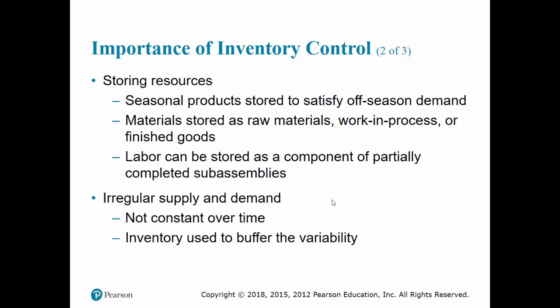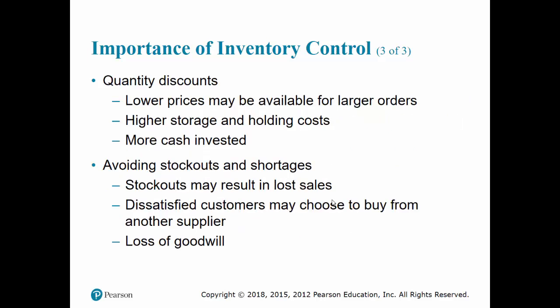Now irregular supply and demand is about uncertainty, because there are so many uncertainties in terms of how much the demand will be or whether the supplier will consistently supply parts and inventory on time. So to hedge against uncertainties, we can keep inventory, and this is usually what's called safety stock.